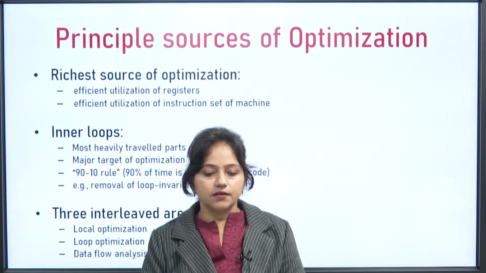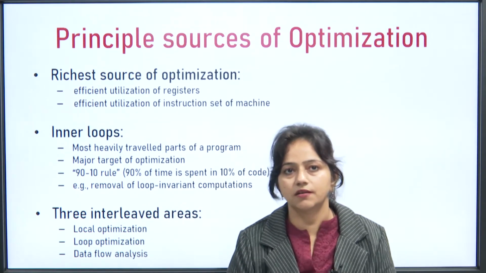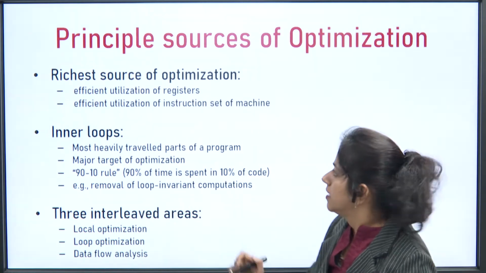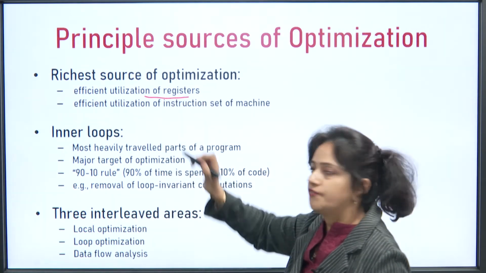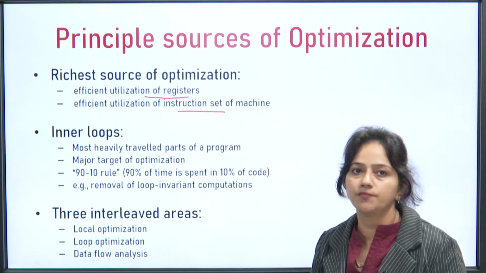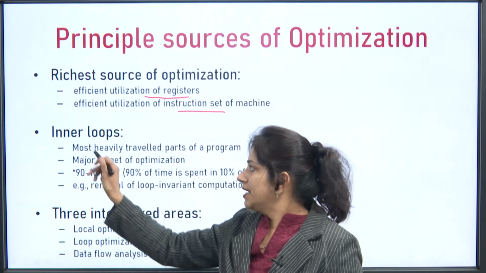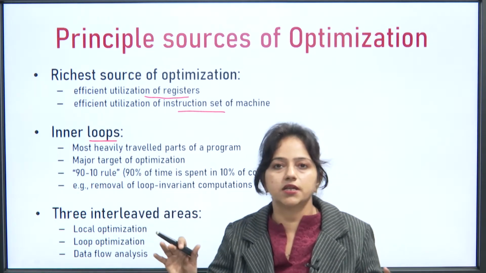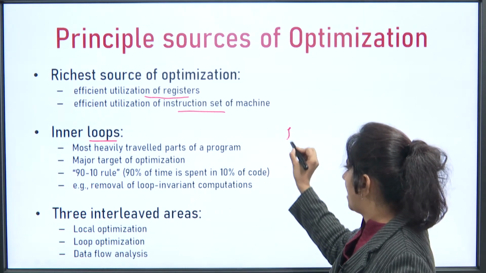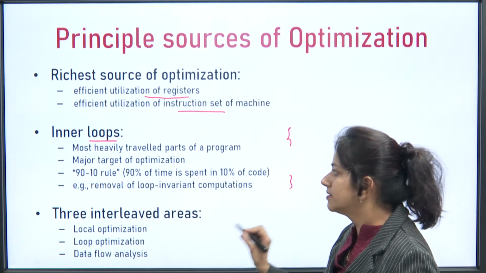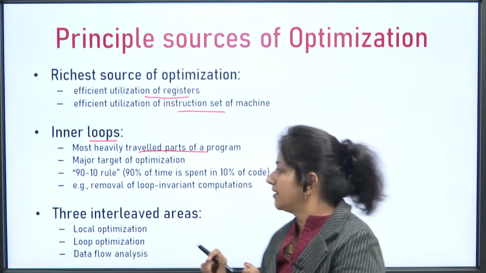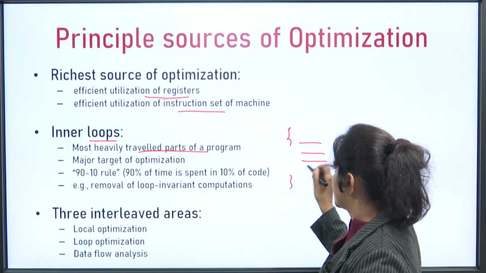Now, other sources for optimization: the richest source for optimization is the efficient utilization of registers and of the instruction set of the machine. Now, if we talk about any program, the most important section is the loop, because the heavily traveled part of the program is the loop. The loop will have many statements in it.